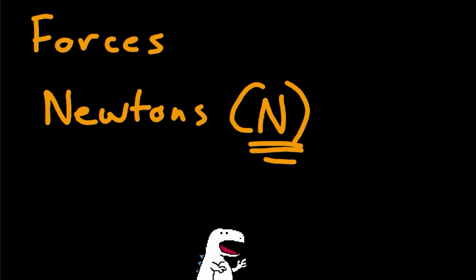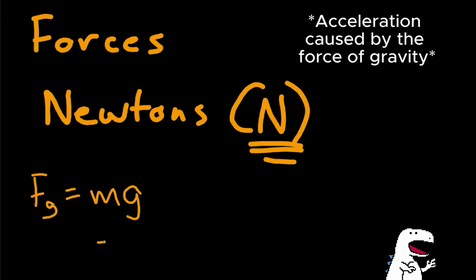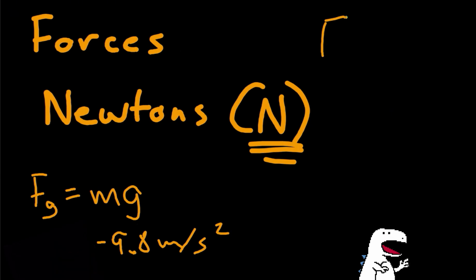There's gravitational force, which can be written as Fg, mass times the acceleration of gravity, which is negative 9.8 meters per second squared. And the general formula for force is just m times a, where m is the mass, a is the acceleration.